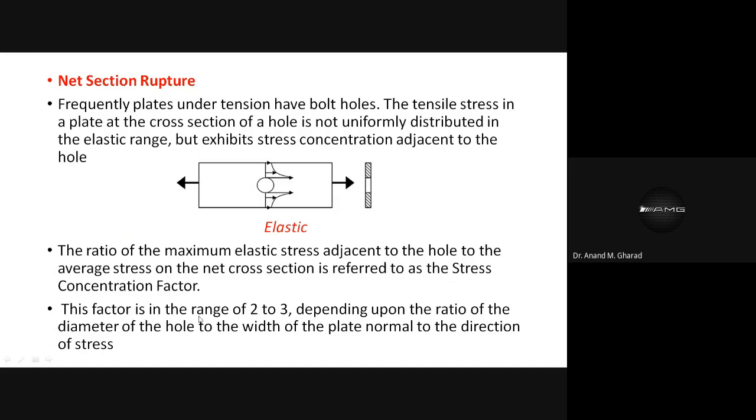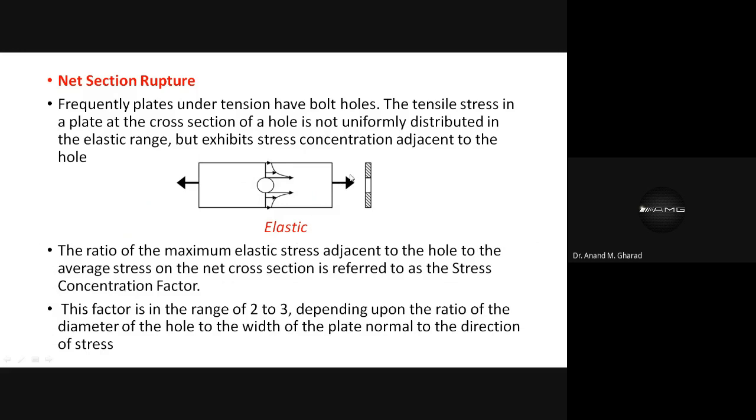This factor is in the range of 2 to 3 depending upon the ratio of the diameter of the hole to the width of the plate normal to the direction of the stress, right? So there is a stress concentration factor which plays a vital role in order to define the stresses which are developed on the periphery. Okay? And this is mostly in the elastic range.